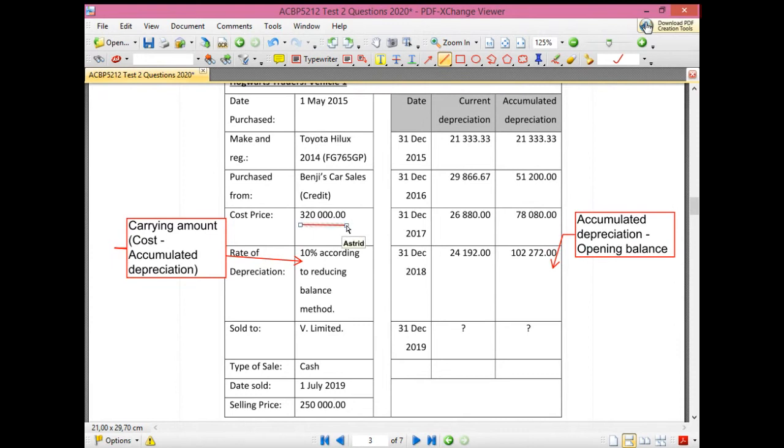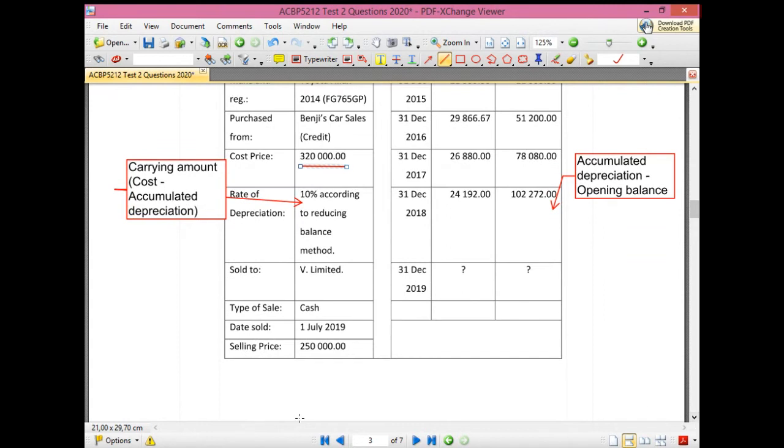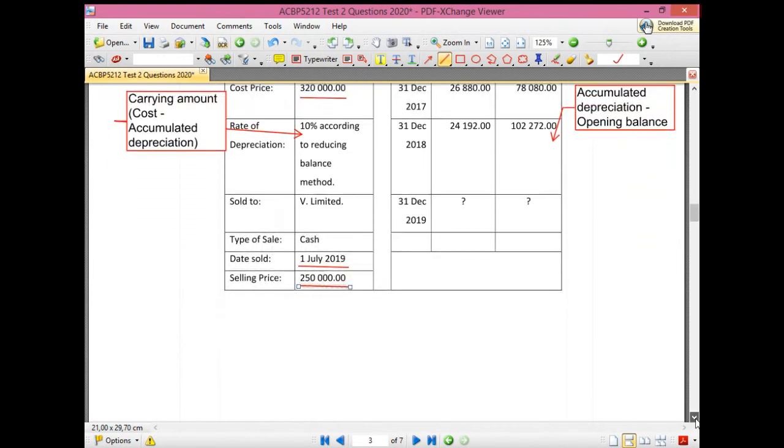So they actually disclose all the information you require in that one table. Then also important to note is that we sold that vehicle on the 1st of July for 250,000. Now, that means we potentially only have a portion of the year's depreciation that we will apply.